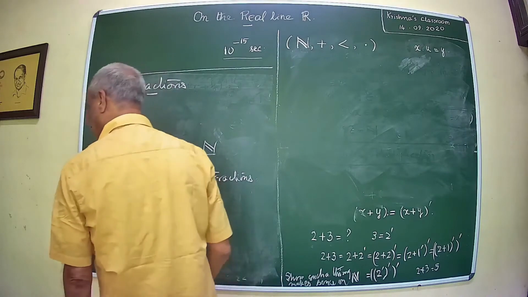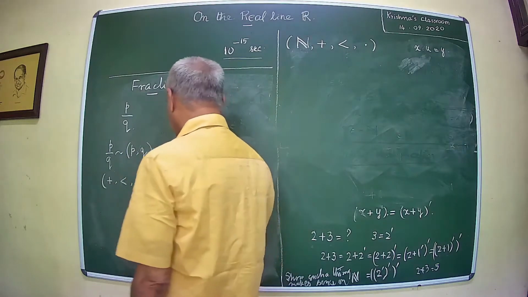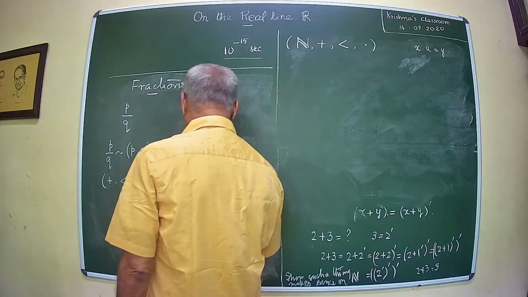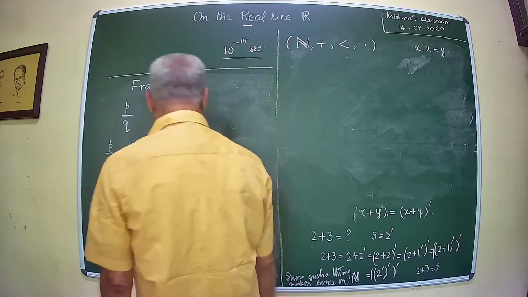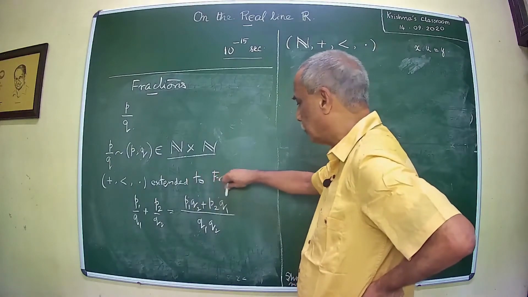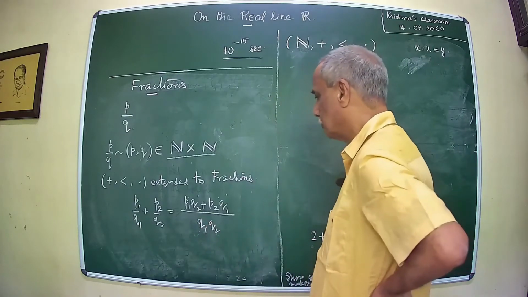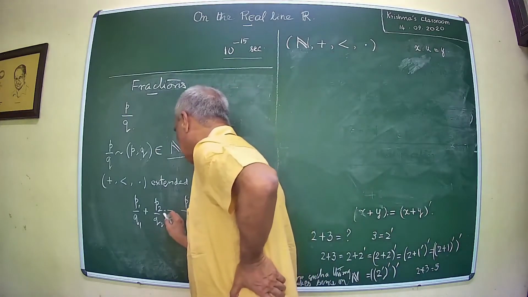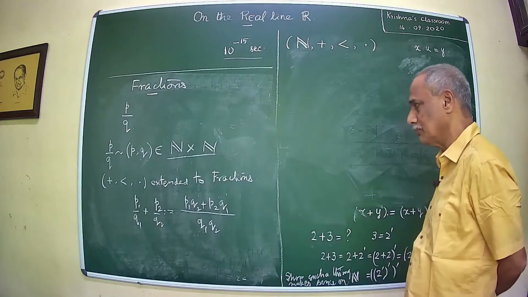Use the conventional language that we have. The sum is P1 Q2 plus P2 Q1 divided by Q1 Q2. Or in other words, the ordered pair whose first element is P1 Q2 plus P2 Q1 and the second element is Q1 Q2. Okay? So that is how you define it. That's how the sum is defined there.